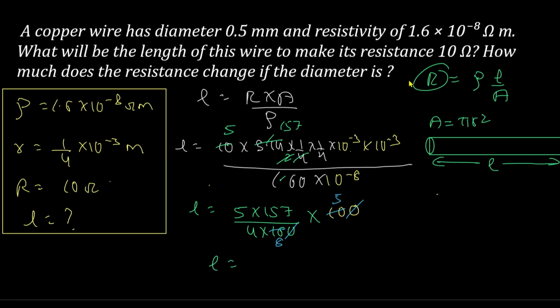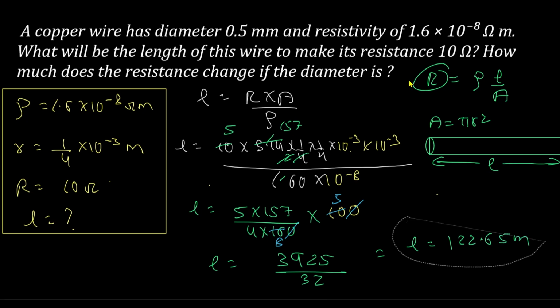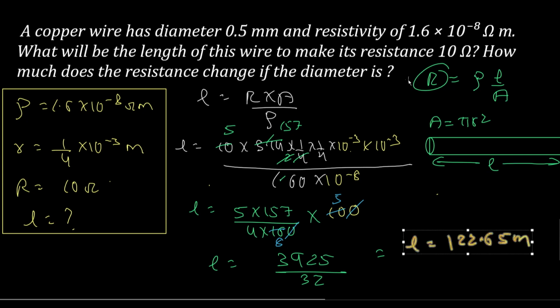So 25 multiplied by 157 comes out to be 3925 divided by this is how much? 32. 32. So if I divide, I'm getting L is equal to 122.65 meter. So you can say that this should be our final answer here.